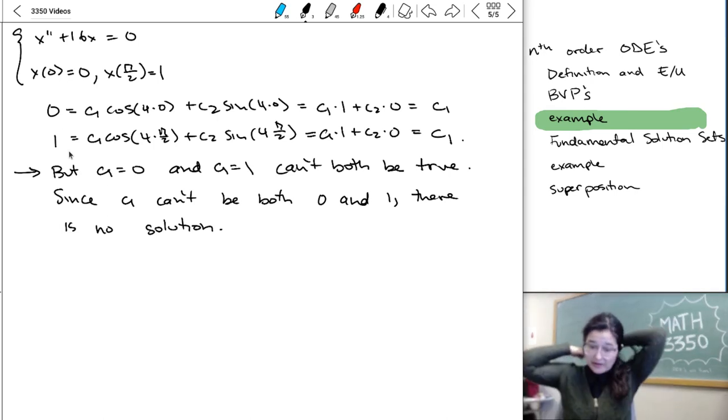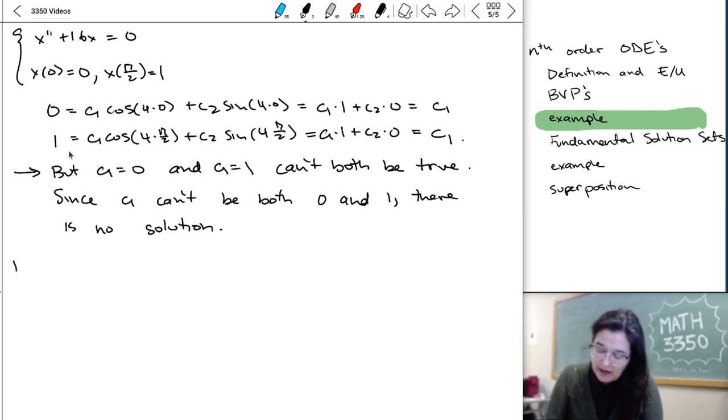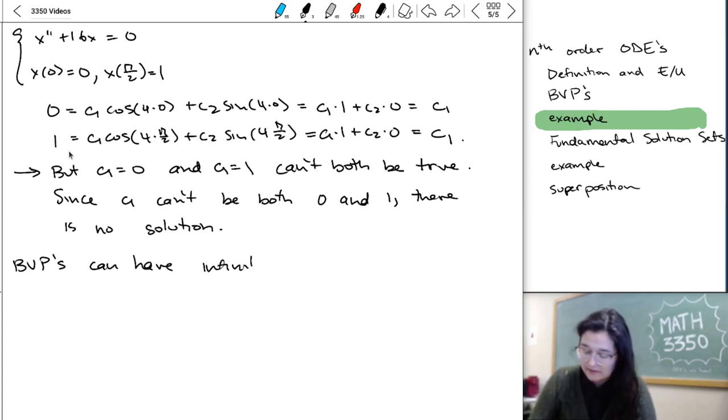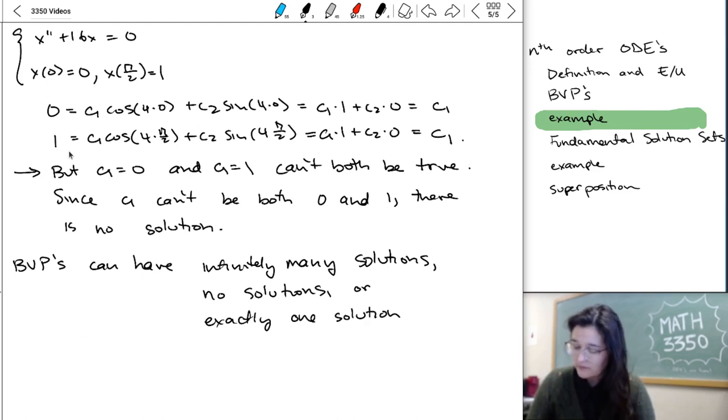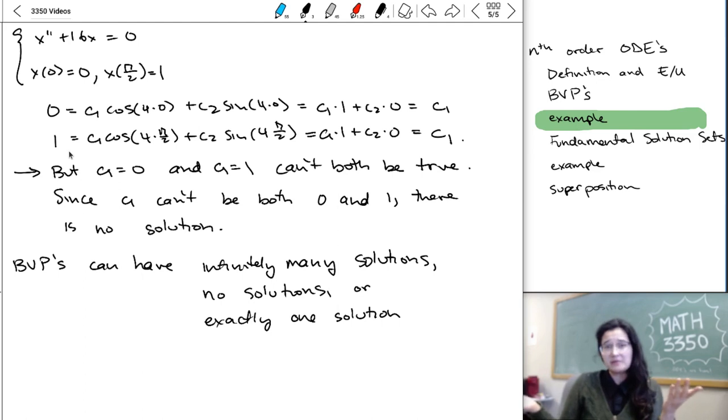So what we've seen from all these examples is that boundary value problems can have infinitely many solutions, no solutions, or exactly one solution, which is what you learn is true of systems of algebraic equations, which is kind of what we get when we're trying to solve one of these problems.